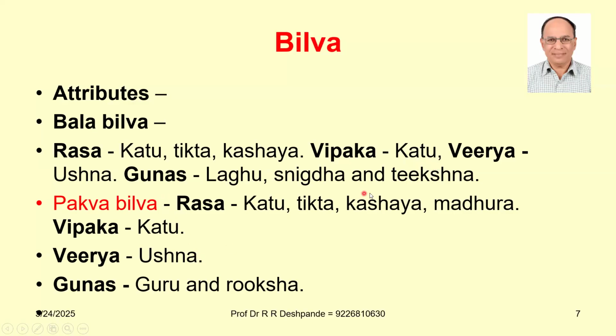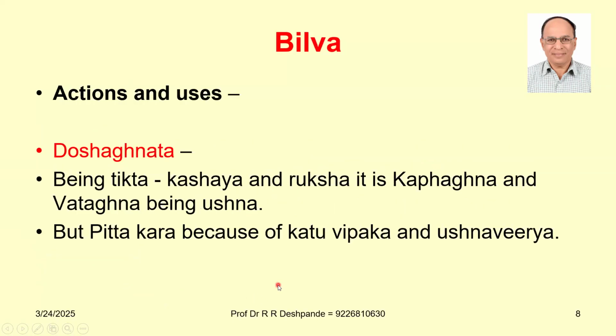Guna: Laghu, Snigdha, and Tikshna. The only difference you find is that Bala Bilva is Laghu, Pakva Bilva is Guru. That means Bala Bilva is easy to digest, while Pakva Bilva is a little more difficult to digest. Then this is giving nourishment, but this has a drying effect. Rukshata is a drying effect.